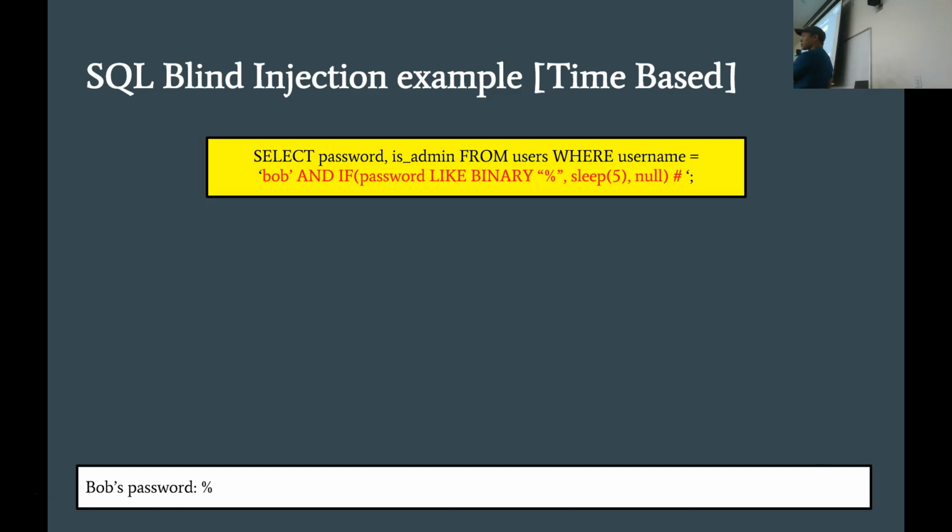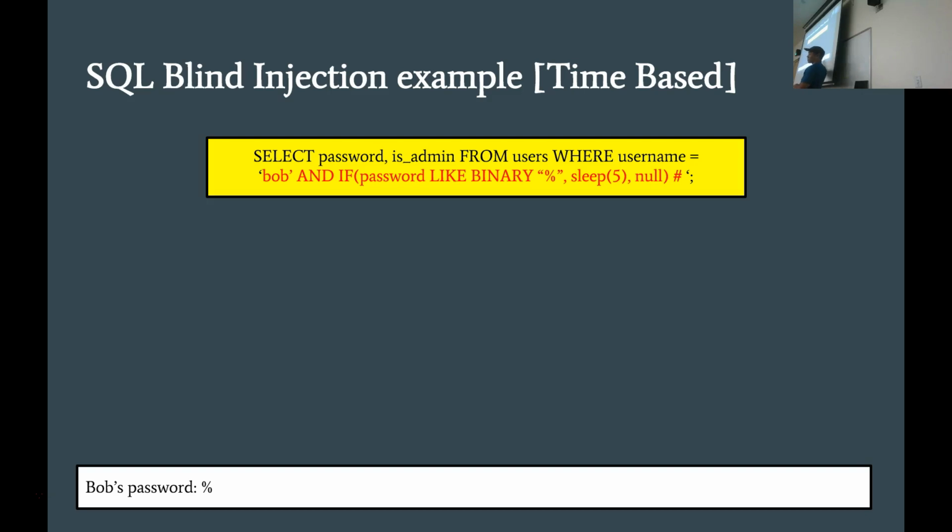This was done in the last class. This is the same query. So I'm going to specify that my username is Bob, and then break the syntax with that single quote. And then I'm going to attach this predicate. If the password column is like binary, and in this case, the like with the percent means that the password has a single character.